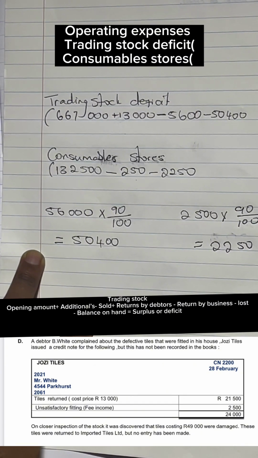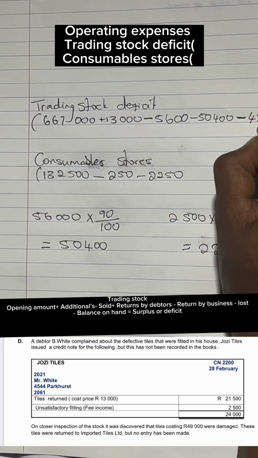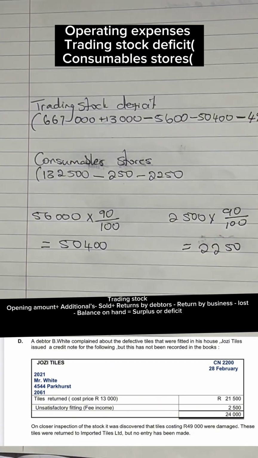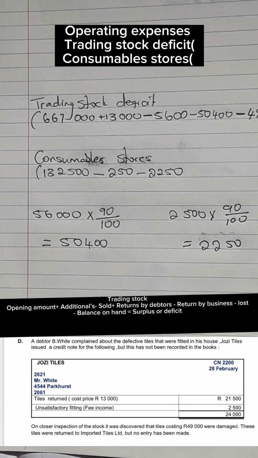These tiles were returned to Imported Tiles Ltd, but no entry has been made. So we need to subtract those damaged tiles of 49,000.